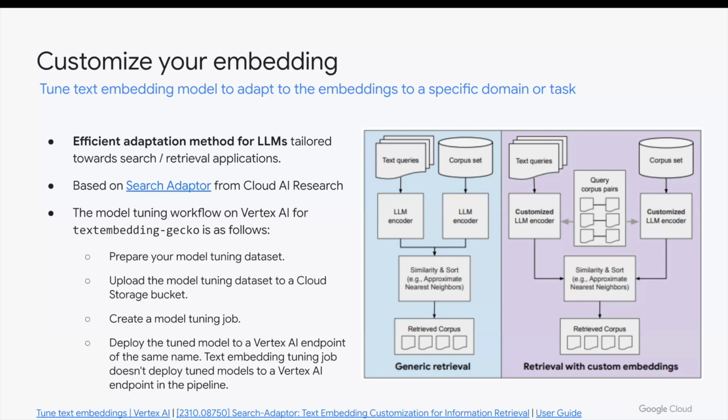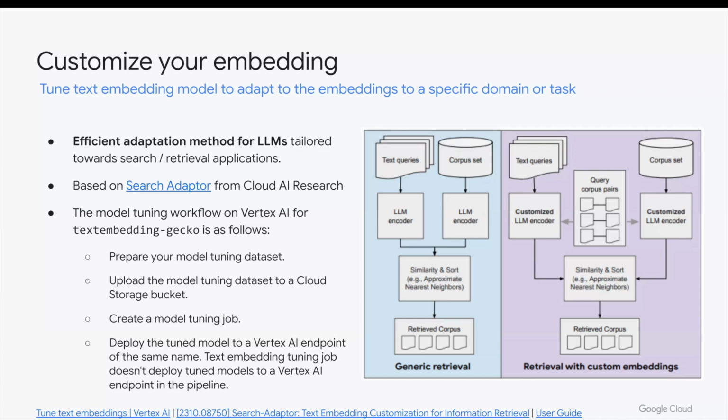And it's a pretty small layer, but it gives you a lot of performance boost because you're specifically training it on that query corpus pairs based on the positive or negative relevancy scores itself, right? And then finally, you do your similarity search as usual because the adapter gives you your latest customized embeddings.